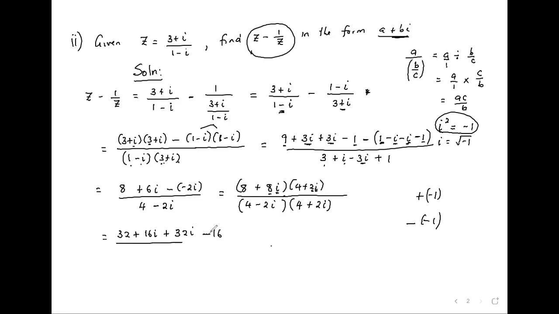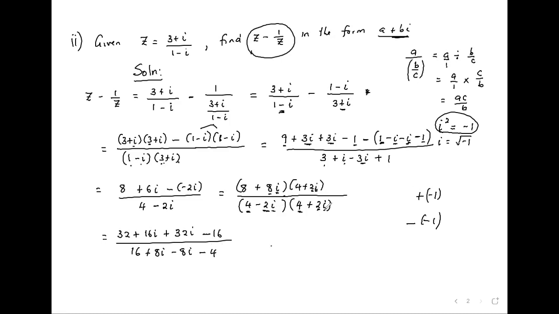Then we divide by 4 times 4, we get 16. And then 4 times 2, we get 8i. -2 times 4, we get -8i. And then -2 times 2, we get -4. i times i, we get -1.